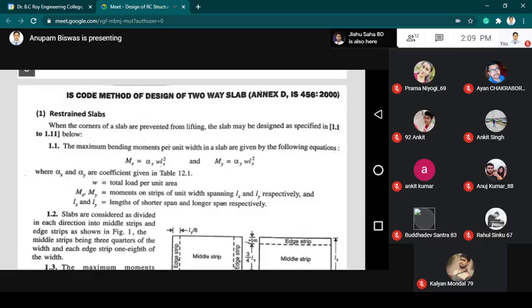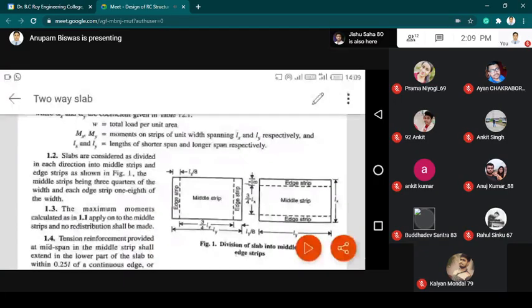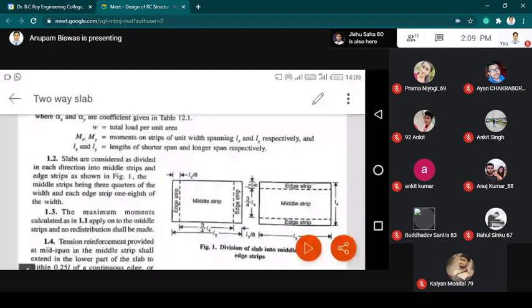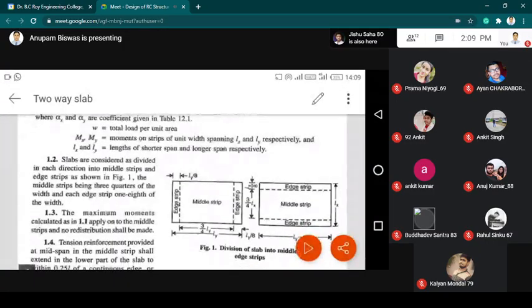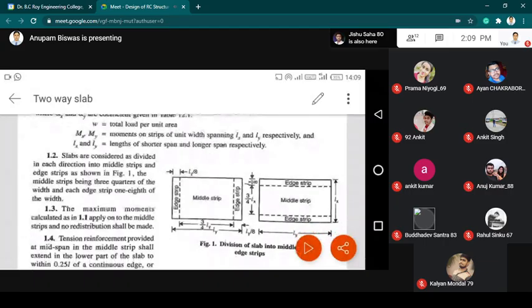As we have the table previously, W is the total load per unit area, alpha x and alpha y are the coefficients that we have discussed in the previous chapter, and Lx and Ly are the lengths of the shorter span and longer span respectively. So Ly is the longer span and Lx is the shorter span. And Mx and My are the moments of strips of unit width and span Lx and Ly respectively.